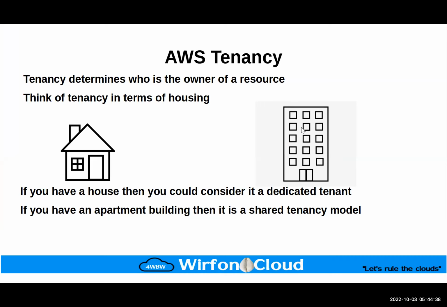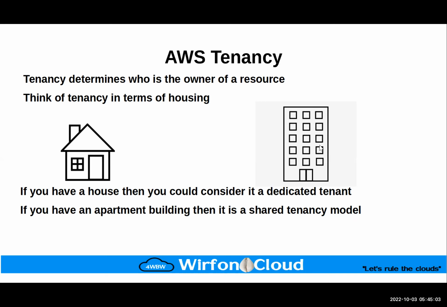So tenancy determines who is the owner of a resource. You should think of tenancy in terms of housing. You can live in a single house, like you can see in the picture here, or you live in a complex with apartments where different people are staying.